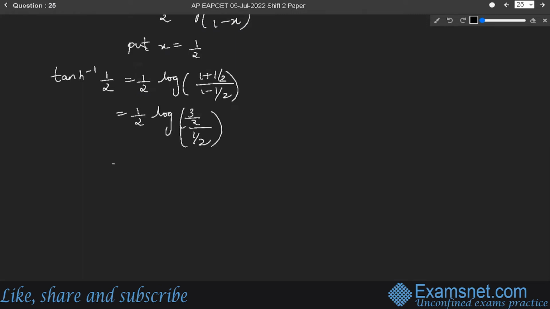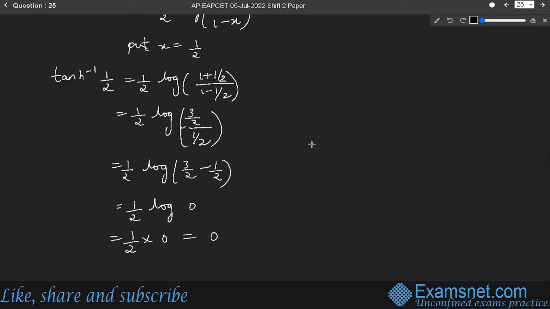On further solving it, it will be 1 by 2 log 3 by 2 minus 1 by 2. We know that log m upon n is log m minus log n, and it is evaluated as log m minus n. So it will be 1 upon 2 into log of 0. So it will be 1 by 2 into 0. We know that log 0 is 0. So it will be 0. Hence, it satisfies the given equation.